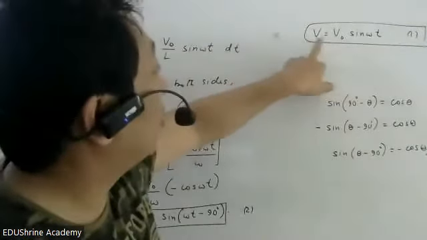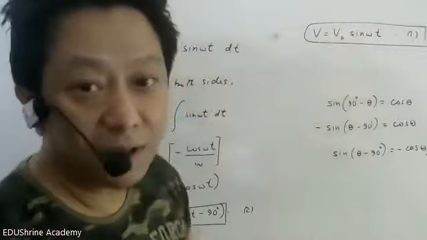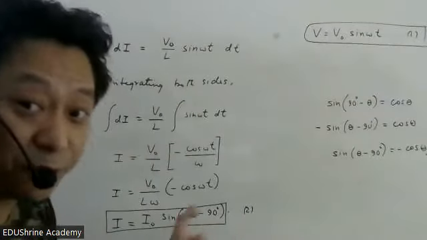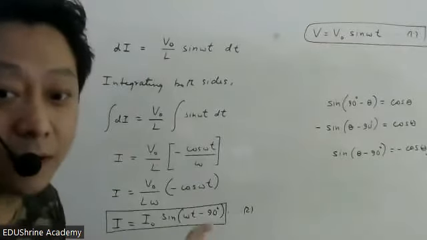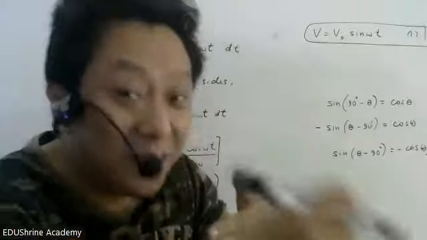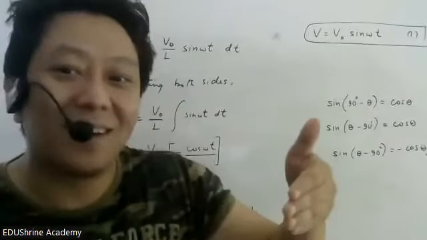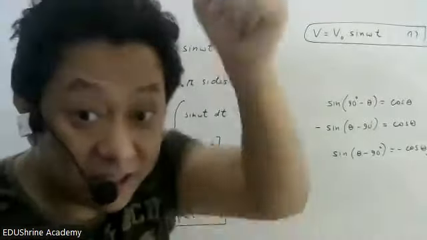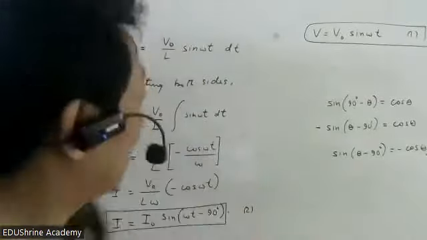Now look at 1 and 2. What is the phase of voltage? Omega t with sine. What is the phase of current? Omega t minus 90 or plus 90 this time? Minus 90. That means current is leading or current is lagging? Lagging, behind in phase.